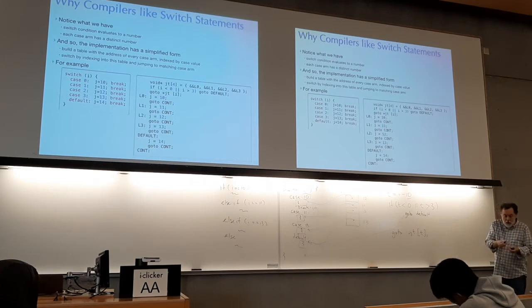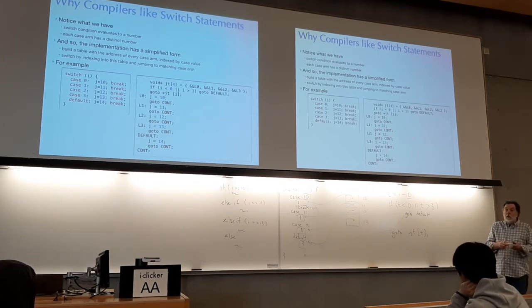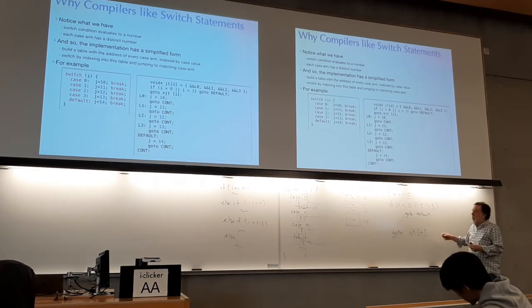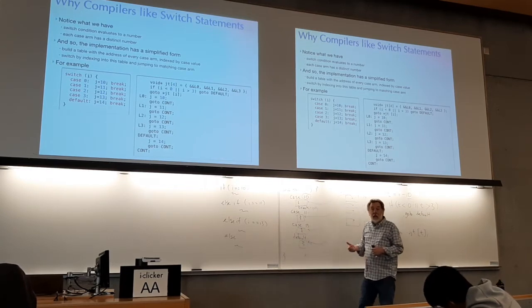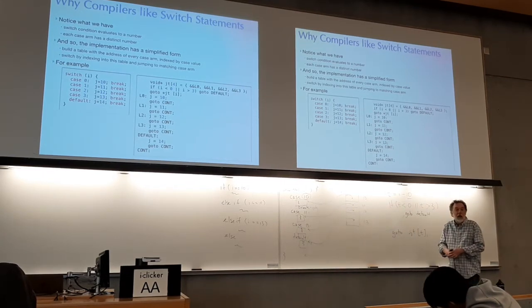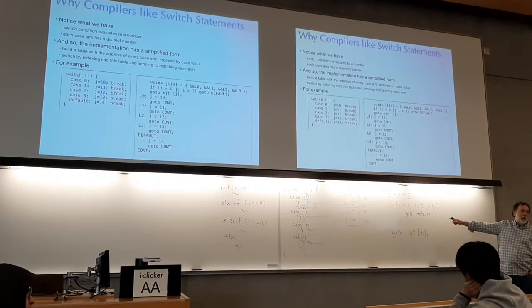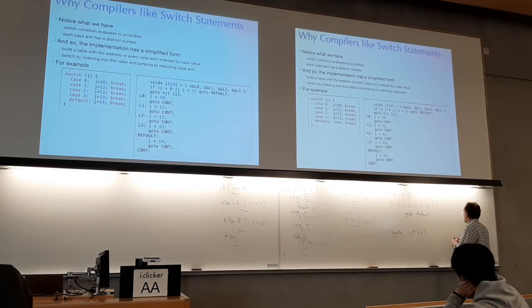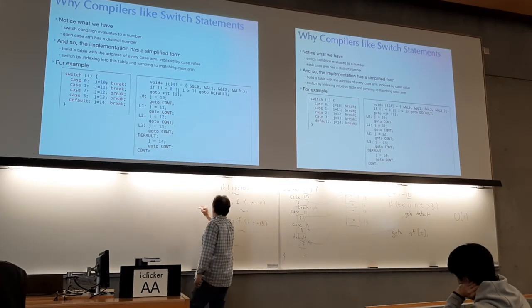So if we were to compare, using your 221 knowledge, the asymptotic running time of this implementation compared to this implementation, where n is the total number of case labels. What is this? Big O of what? O of 1. What is this? O of n.